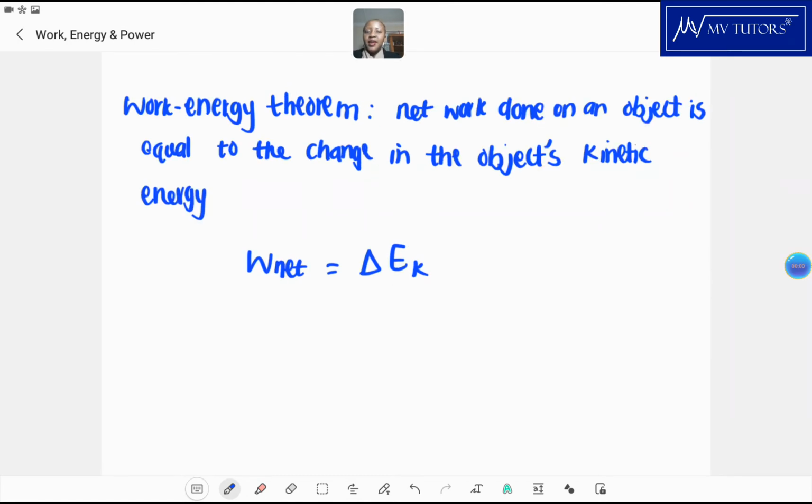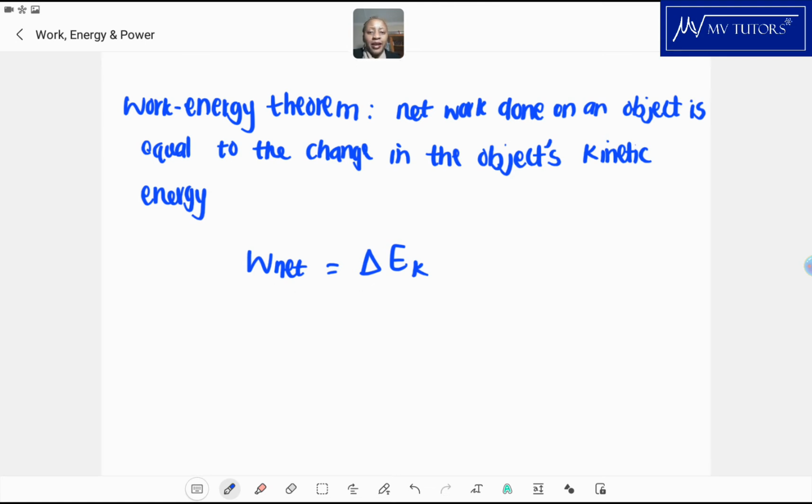Now we're going to come to the last concept of work, which is the work-energy theorem. So what does it say? It says the net work done on an object is equal to the change in the object's kinetic energy. I've written the equation there.